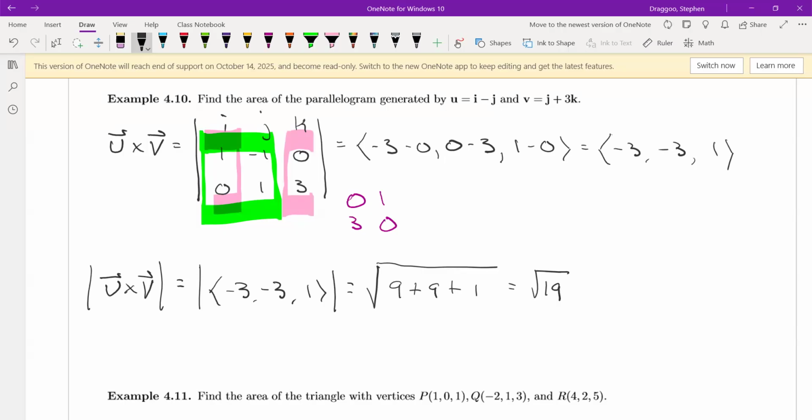And I'm just going to leave it at square root 19. If you needed to know what that number is, it's more than 4, but it's less than 5. That'll be good enough for us, at least for now.